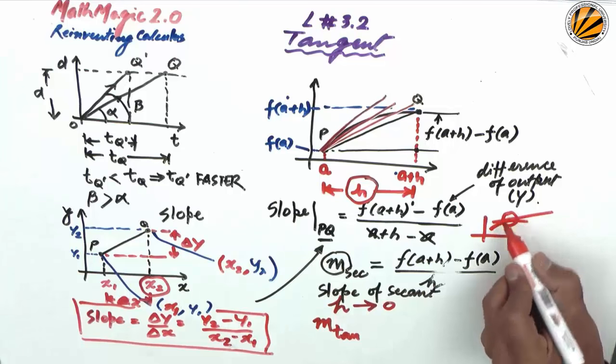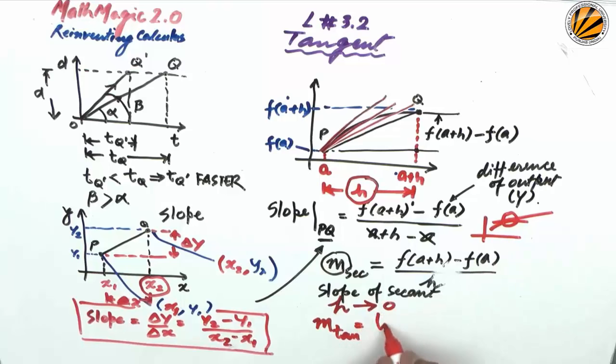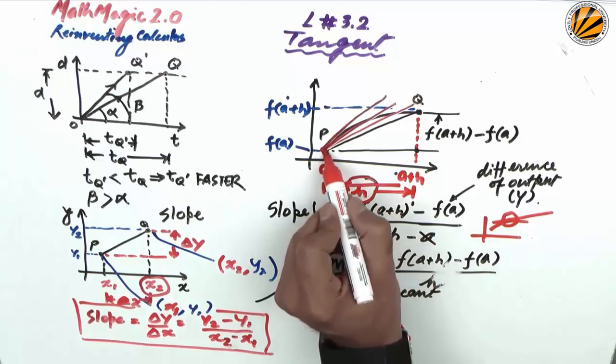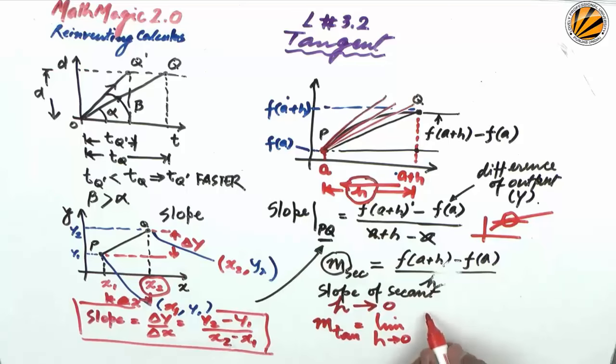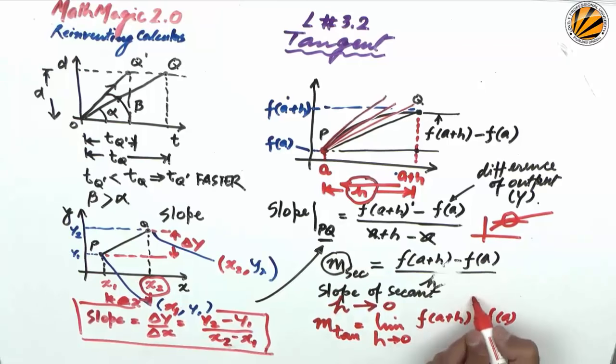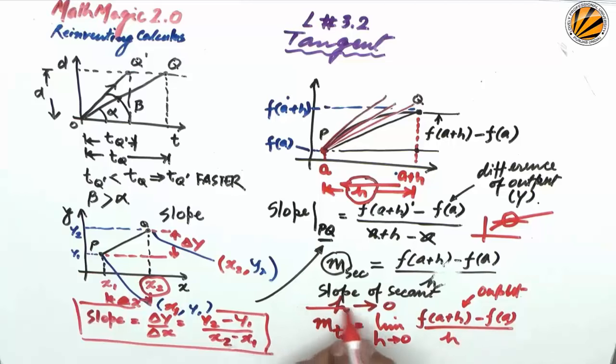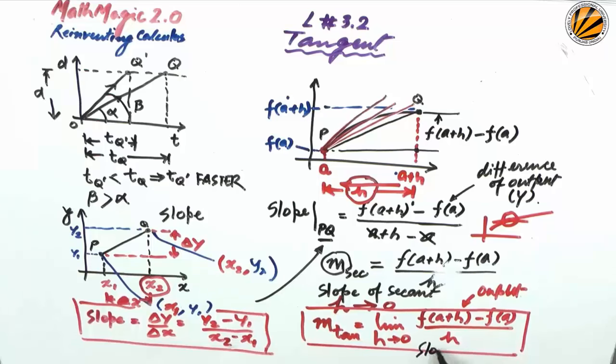The tangent at this point would be given by limit H tending to 0, because this has to come back to this particular point. Limit H tending to 0, again f(A plus H) minus f(A), we know that this is for the Y or the output side, divided by H. Now this is nothing but the slope of the tangent.